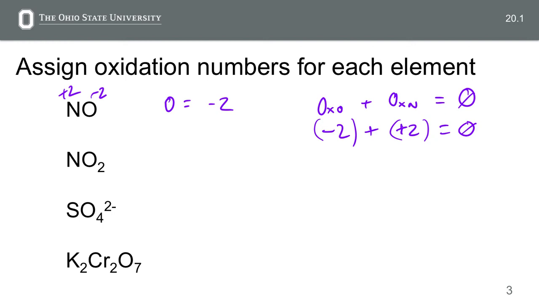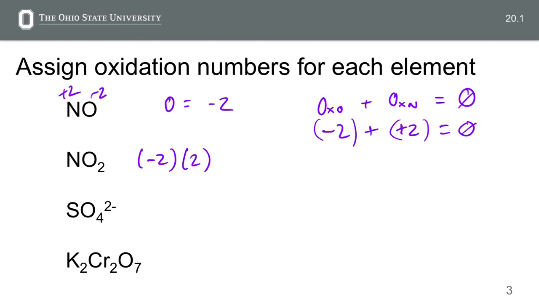All right. Work on the next one, NO2. So in NO2, again, our oxygen is going to have a -2 oxidation number, but there are 2 of them.